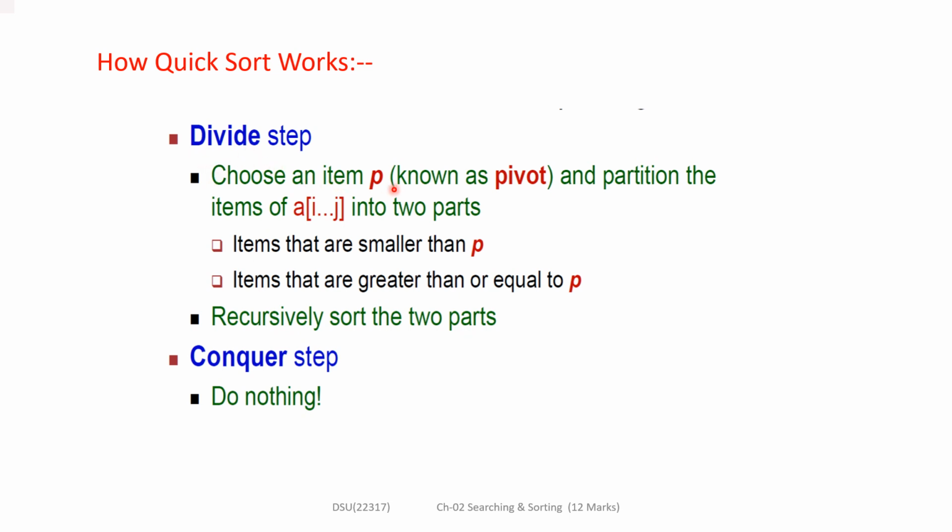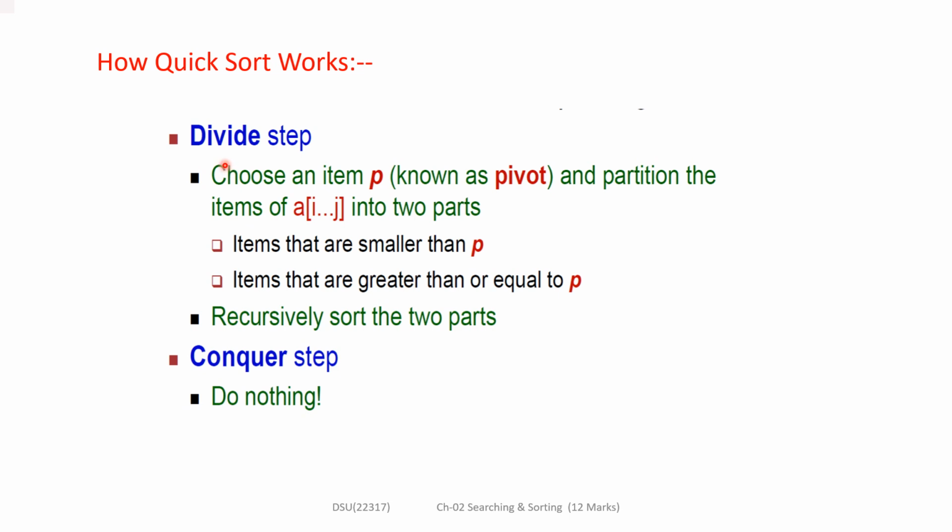Choose an atom P known as pivot and partition the atoms of A[i..j] into two parts: atoms that are smaller than P, and atoms that are greater than or equal to P. Then recursively sort the two parts. Then the conquer step: do nothing.